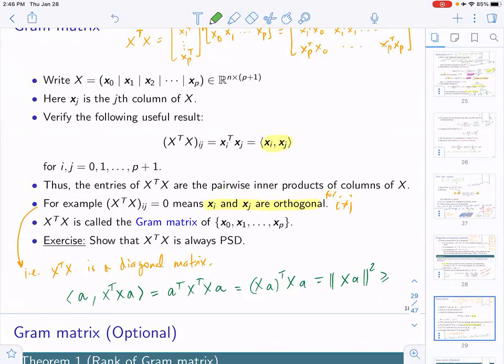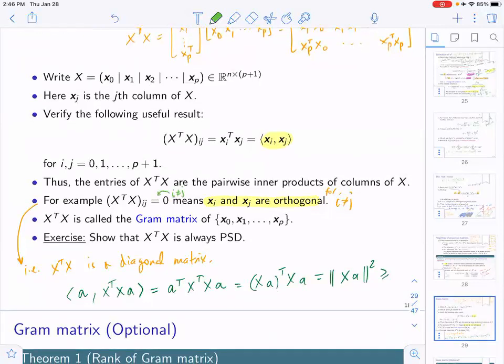In particular, if the columns are pairwise orthogonal, then all these off-diagonal entries, for all i not equal to j, are 0, so you just have something on the diagonal. The diagonal is there, but the off-diagonal entries are 0. It means that these vectors are pairwise orthogonal.